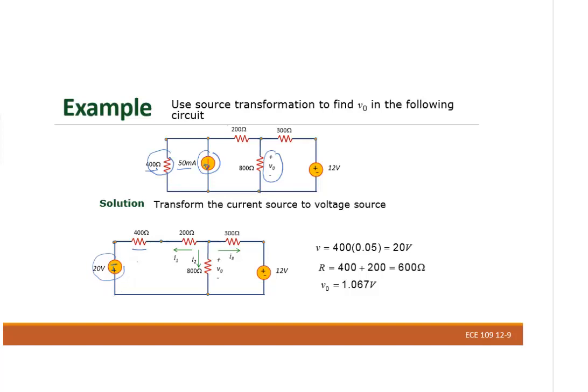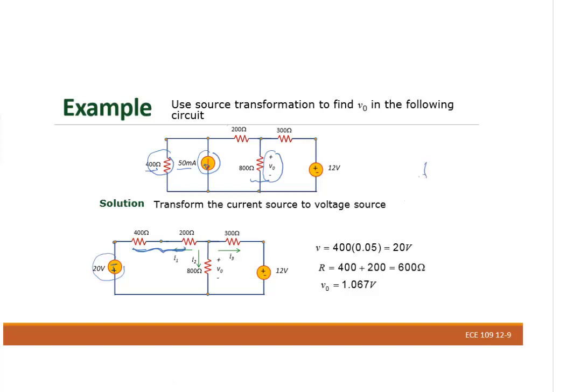When I look at this one here, we can combine these two resistors together. We are trying not to touch the 800 ohms; we're going to leave that one alone. So in this case, 400 plus 200 will be 600. So our circuit can be like this.